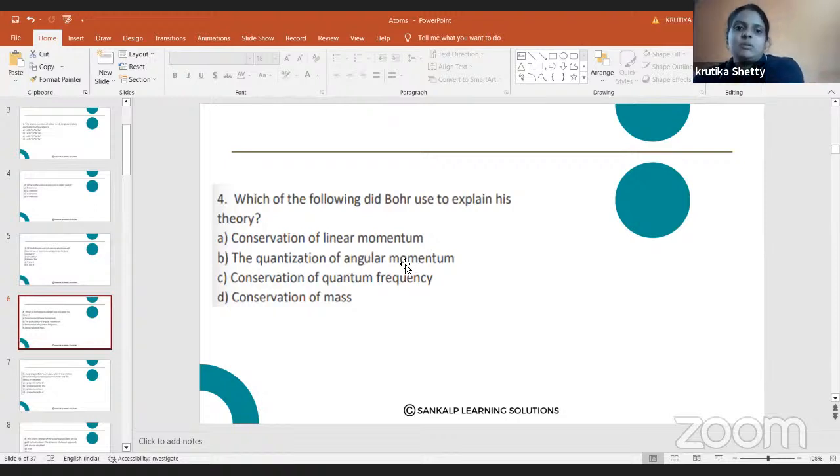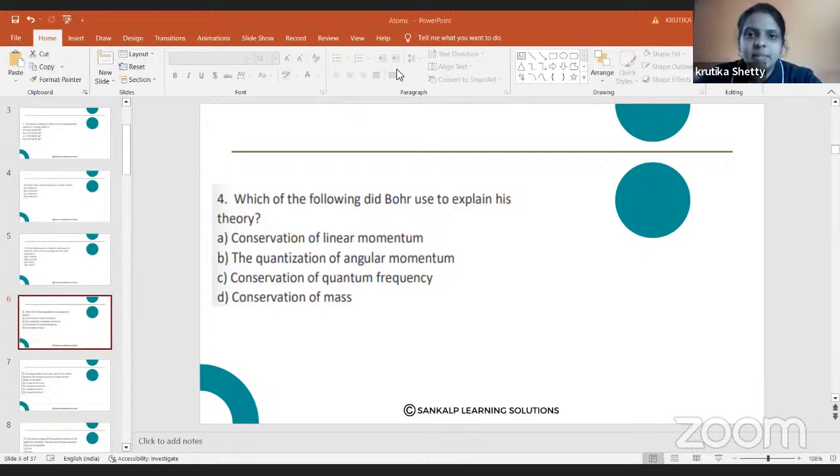It is option C, sorry, not option C, option B, that is quantization of angular momentum. Option B is correct here.